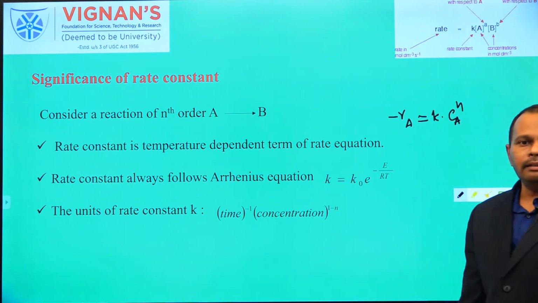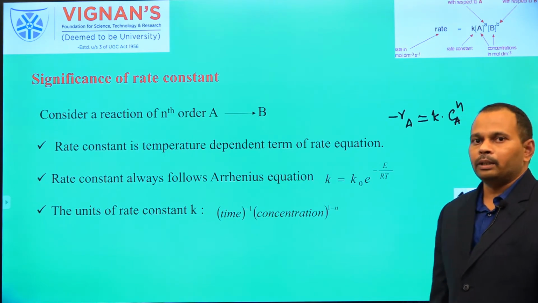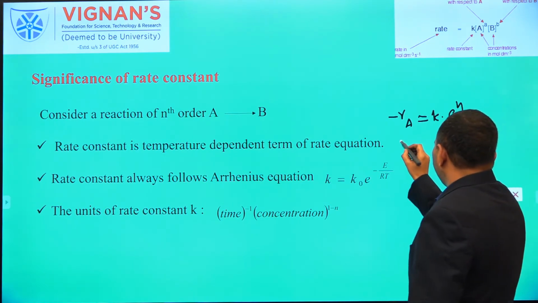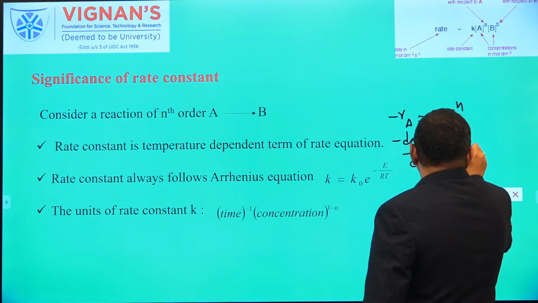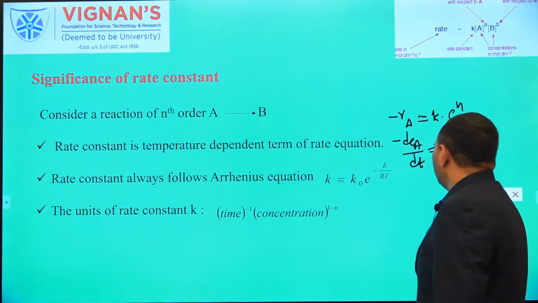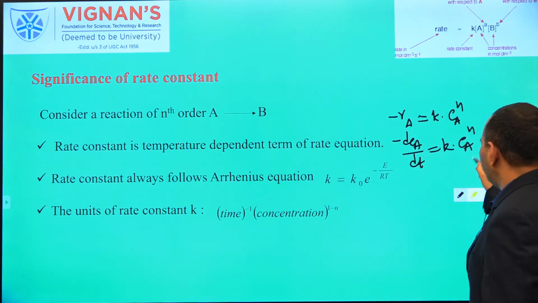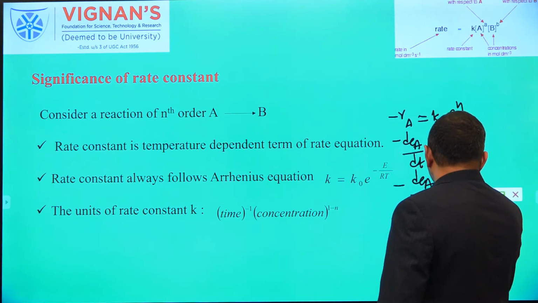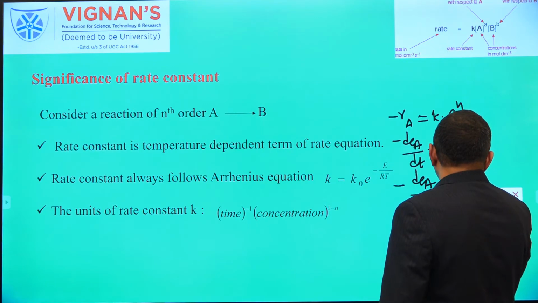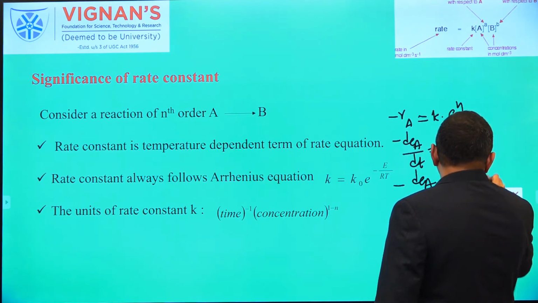Minus RA is nothing but the concentration change of A with respect to time. Minus RA can be written as minus dCA by dt is equal to K into Ca to the power of n. So, here bring Ca to the power of n to the left hand side: minus dCA by Ca to the power of n is equal to K into dt.